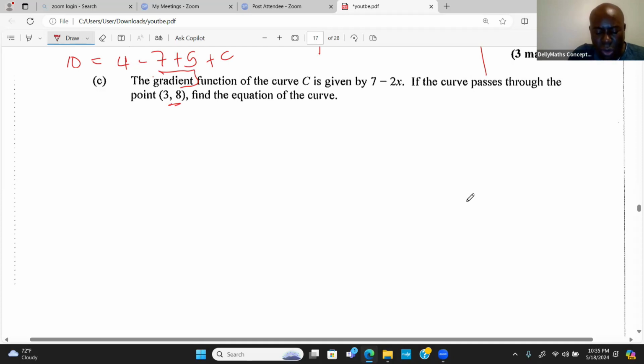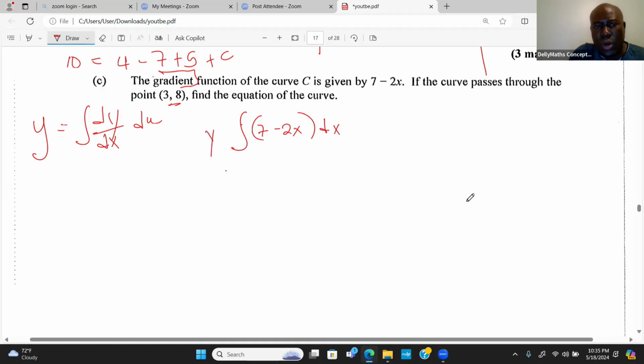So basically, if I want to find the original function y, it's going to be the integral of whatever we have now, dy/dx. Here it is now that we're going to integrate: the integral of 7 minus 2x dx. So this is y.